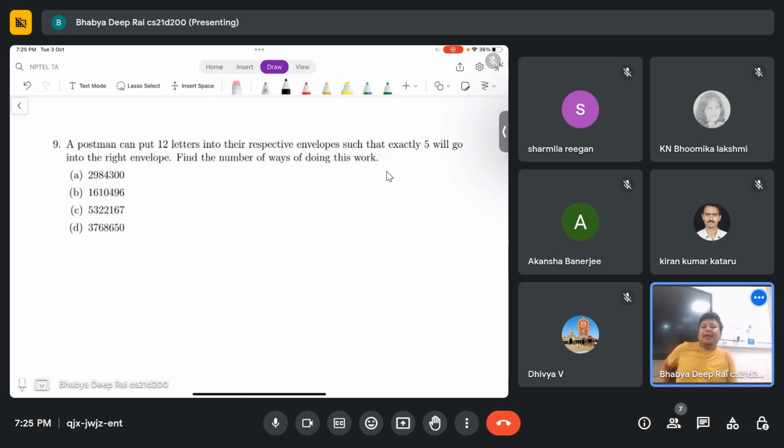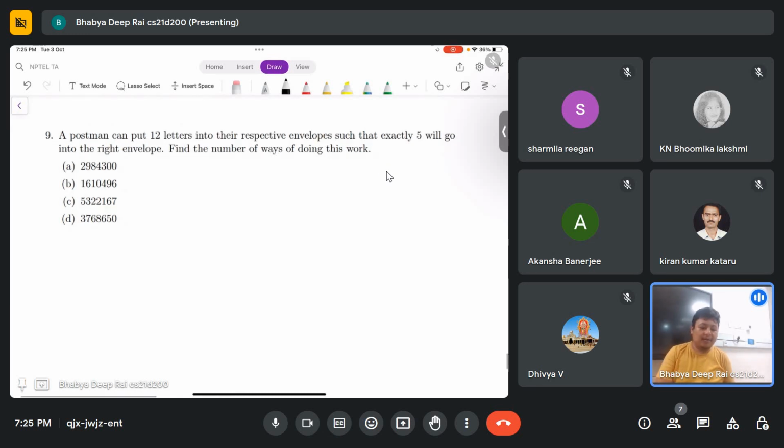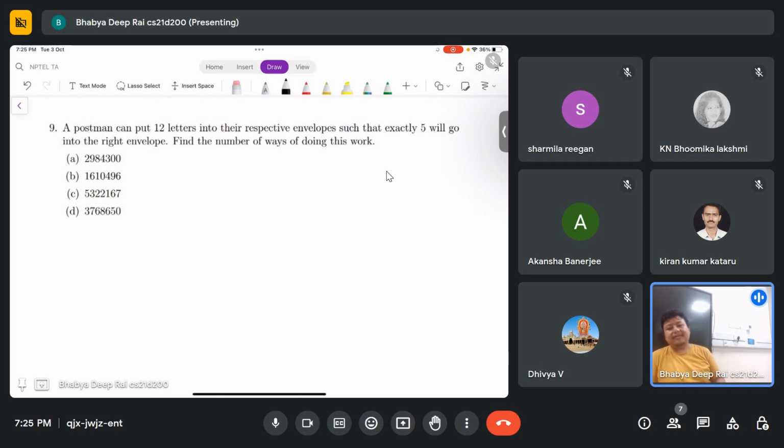A postman can put 12 letters into their respective envelopes. I'll demonstrate how to do this question, then please try the next final question after this. A postman can put 12 letters into their respective envelopes such that exactly 5 will go into the right envelope. Find the number of ways of doing this work.